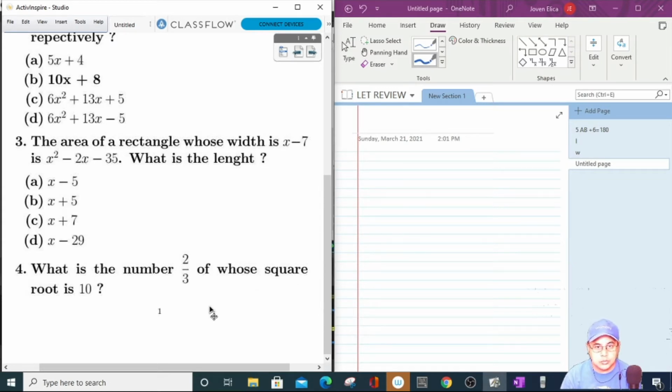What is the number 2/3 of whose square root is 10? This is a tricky question. What is the number? So we just let x be the number.